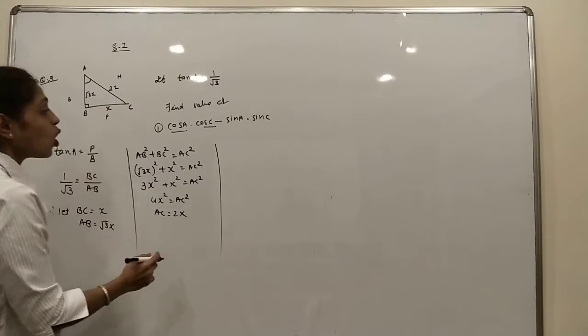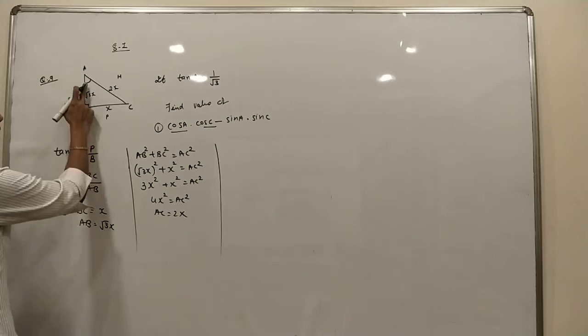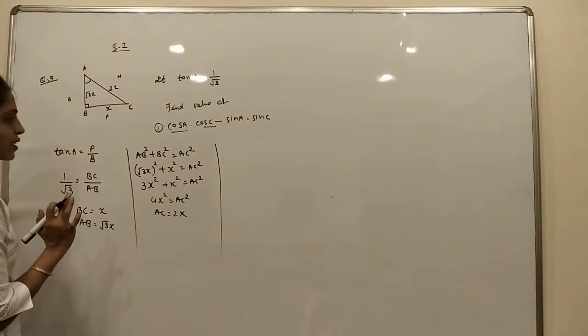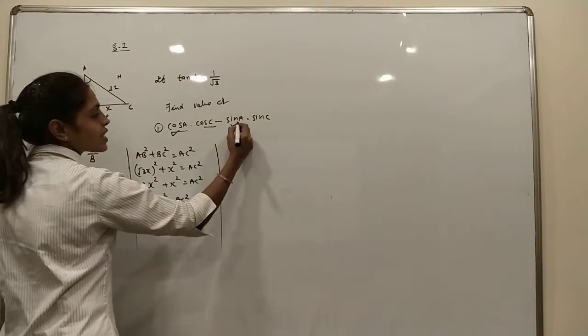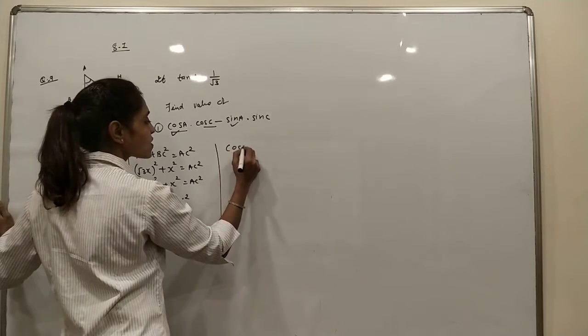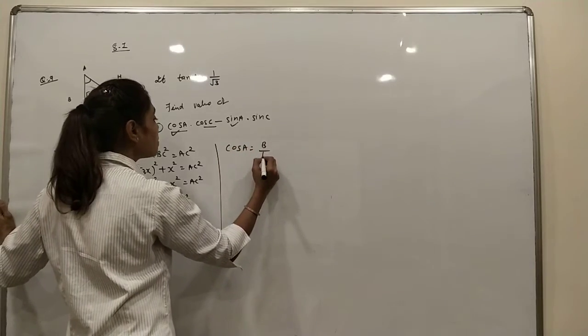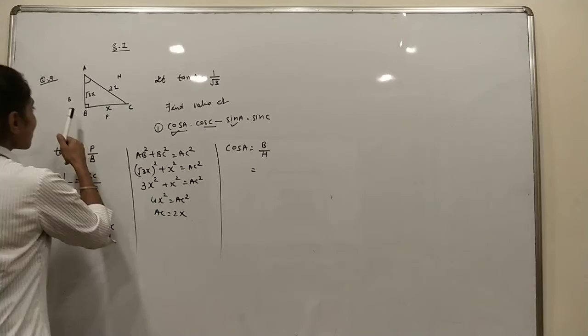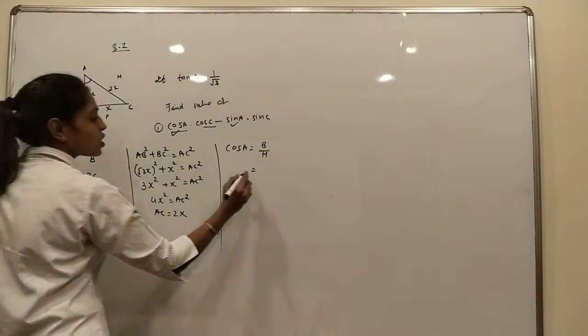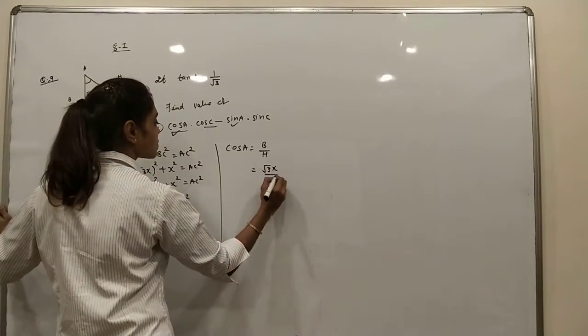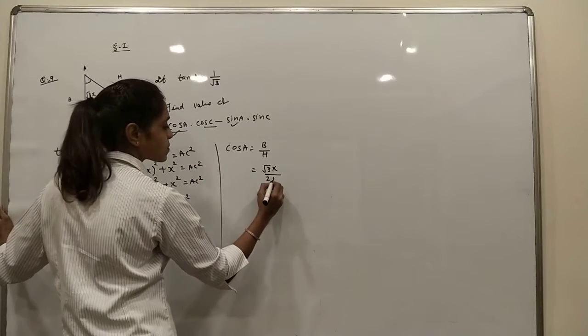Now take what is given. Let's take on the basis of A, because for A we have already decided P, B, H. So let's take cos A and sin A. What is cos A? Cos A means B by H, which is root 3x upon 2x.